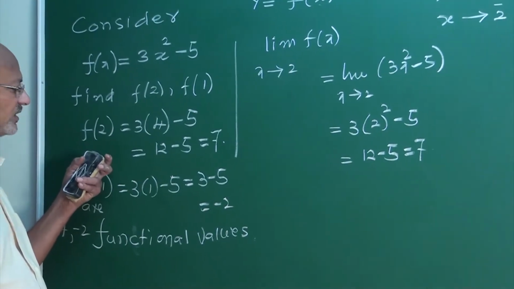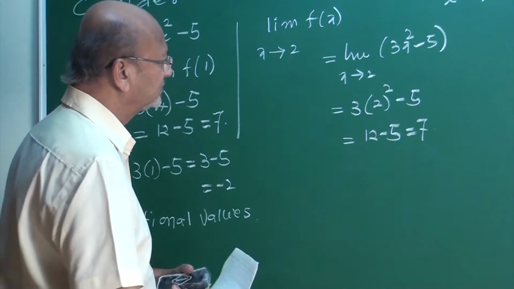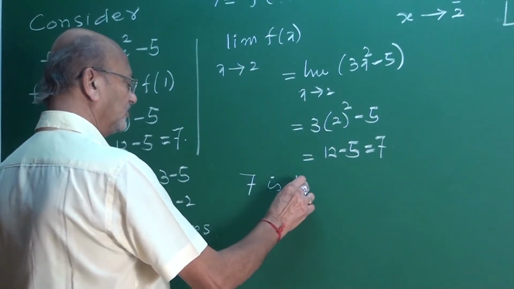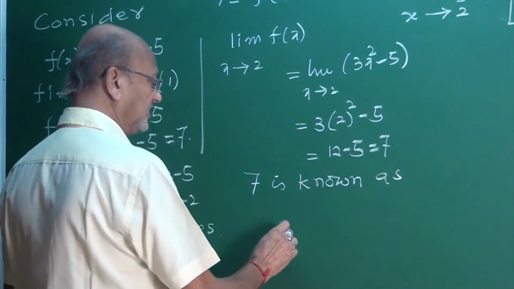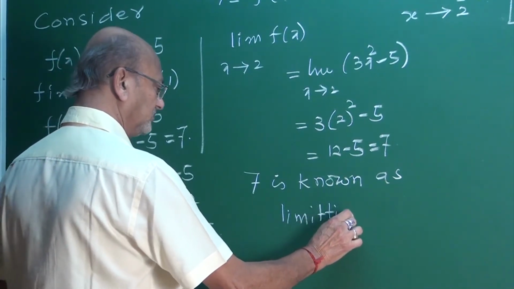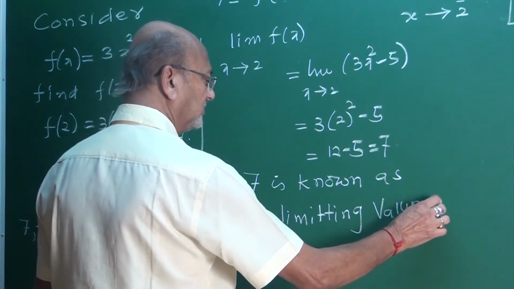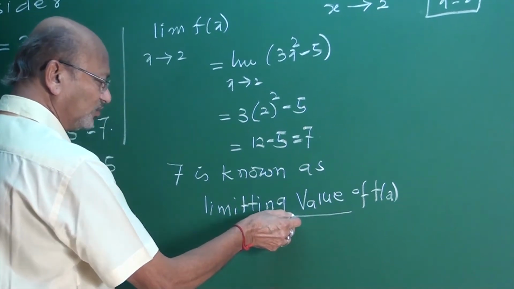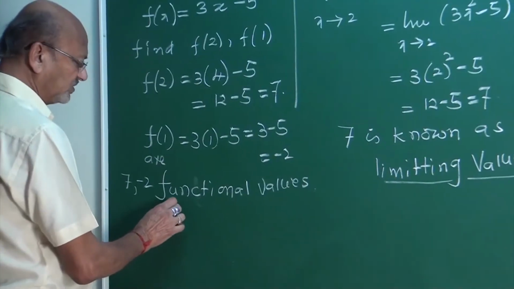This 7 is known as the functional value. And this 7 is known as the limiting value of f(x). My friends, you know the difference between limiting value and functional value.